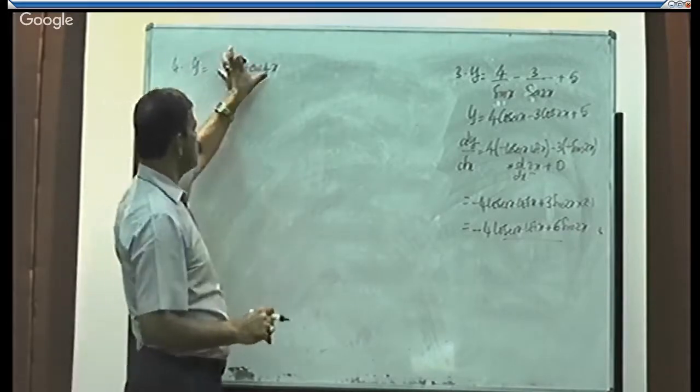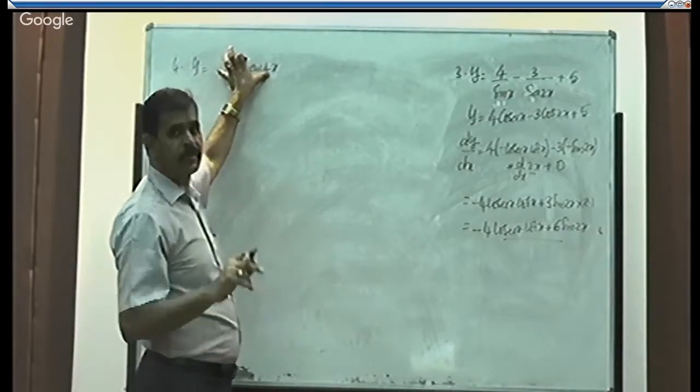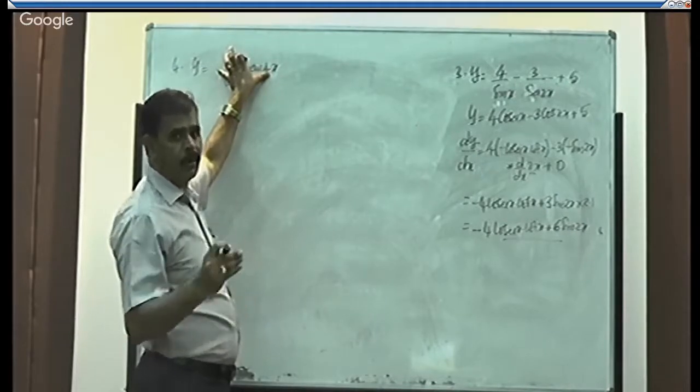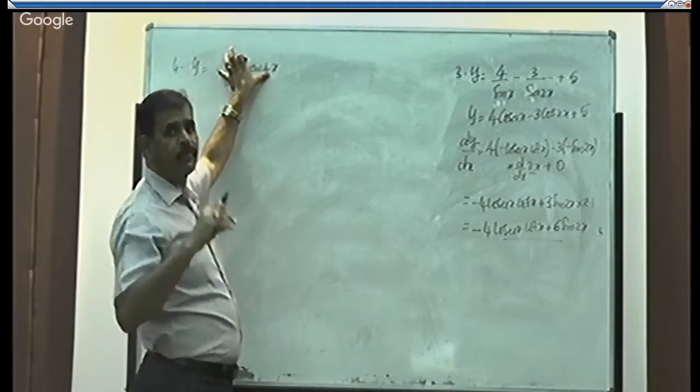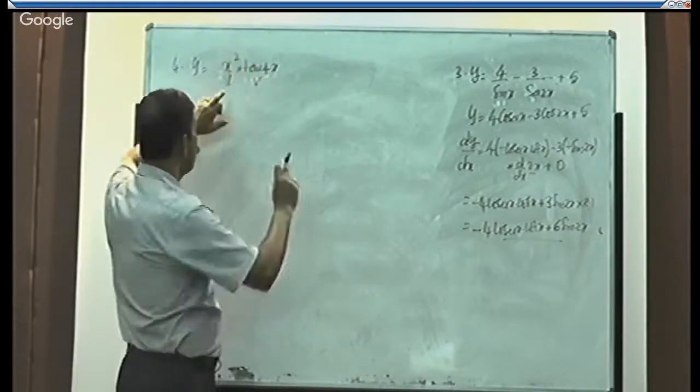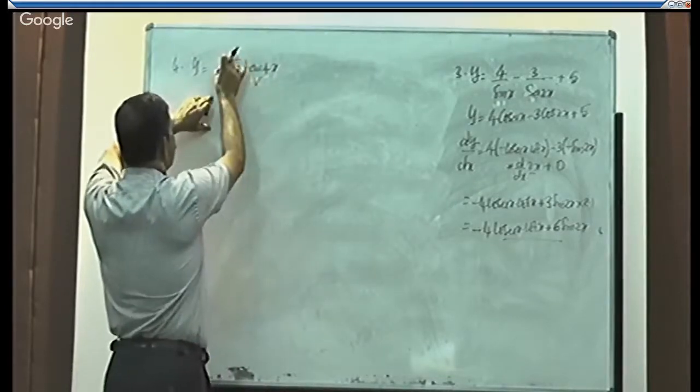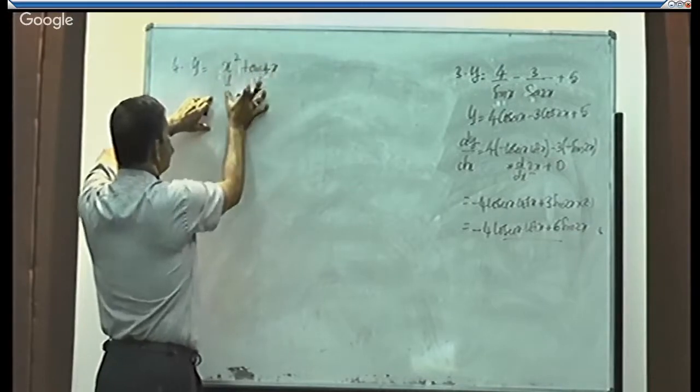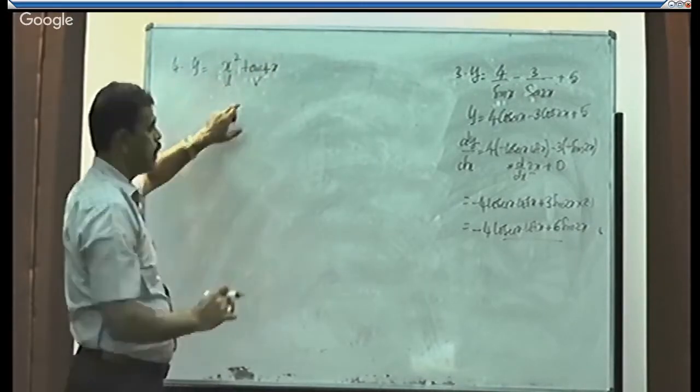Don't think of the chain rule at the first step itself. Wherever there is a function of a function, only there do we have to think of the chain rule. Now ordinarily it is one term into another term, therefore it is treated as u into v.